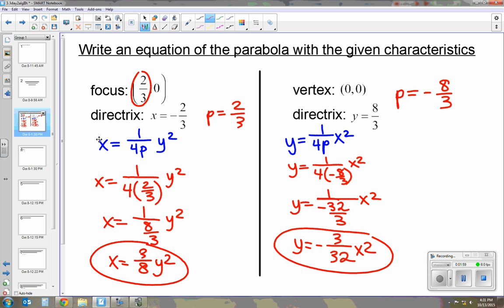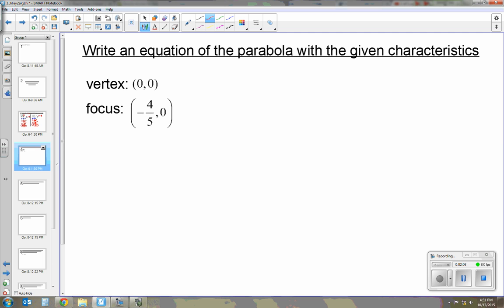These are really nice and simple, especially when the vertex is at (0, 0). Okay? I've got one more example in this area. Vertex of (0, 0), focus of (negative 4/5, 0). Since the p is in the x, then this is going to be an x equals. So we have an x equals 1/4 p y squared.